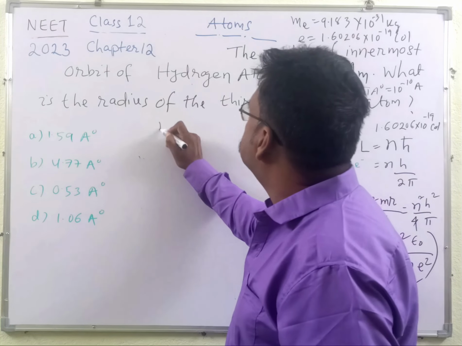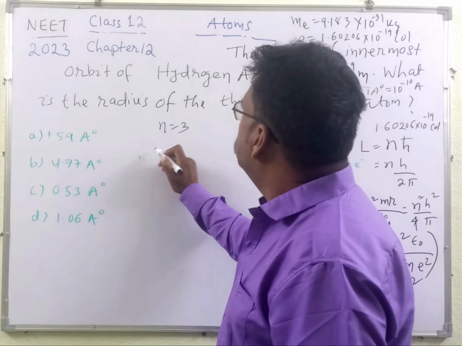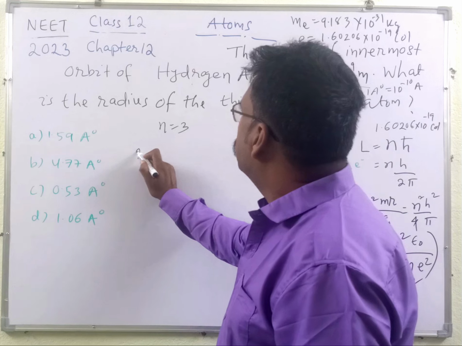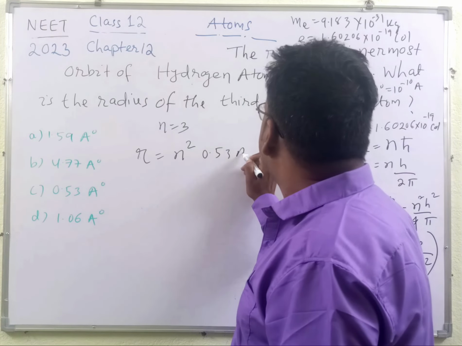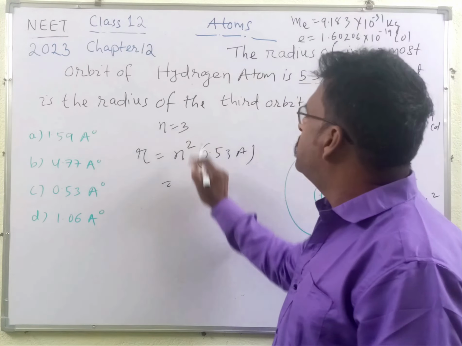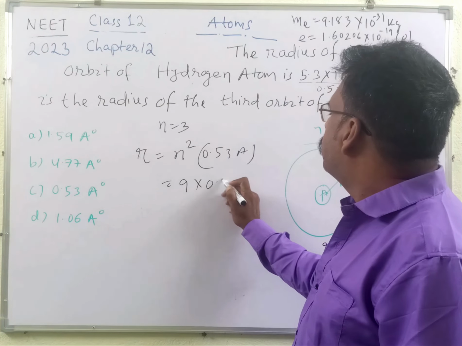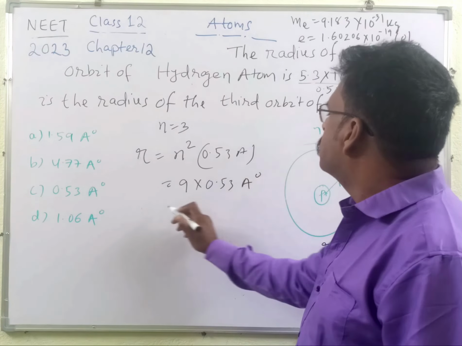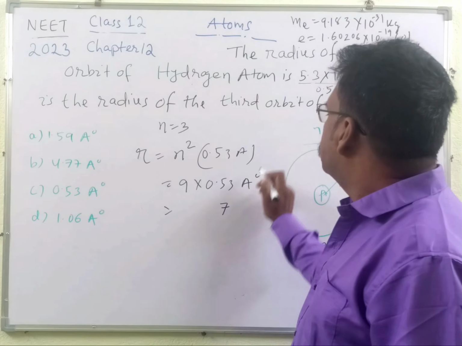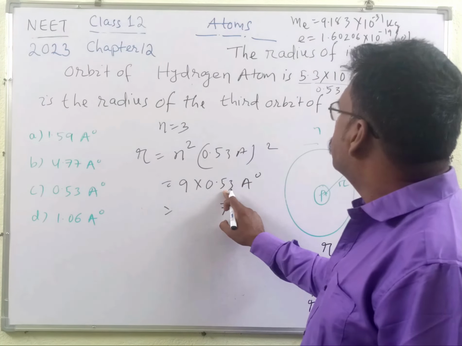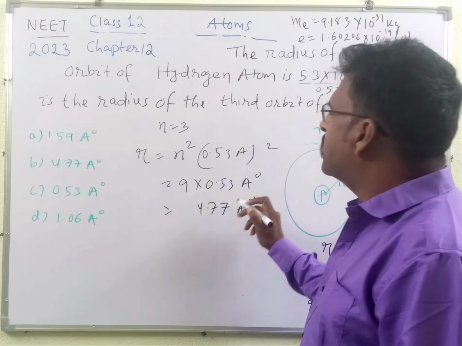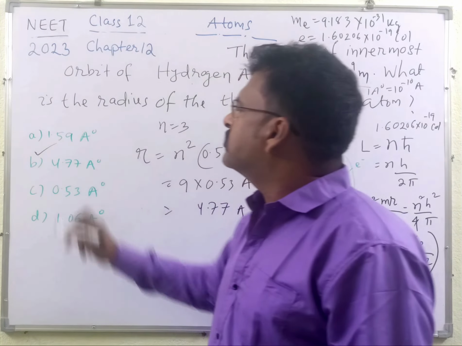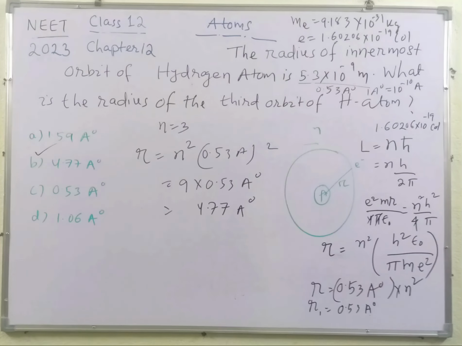So here n is 3, and r will be equal to n square into 0.53 angstrom, which is 9 into 0.53 angstrom. So 9 into 3 is 27, 9 into 5 is 45, plus 2 is 47. So this is 4.77 angstrom, which is in option B. So option B is correct for this question.